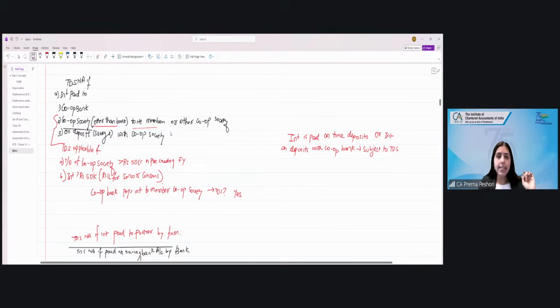Now, there is one case that I would like to discuss over here. Until the case is pending before the court, the court sometimes demands that the security be kept of the money in the fixed deposit until the case is decided.